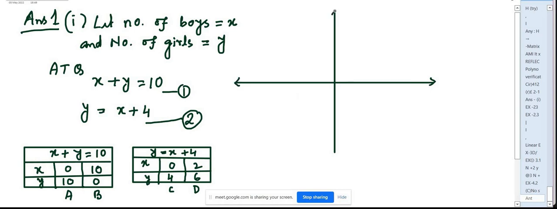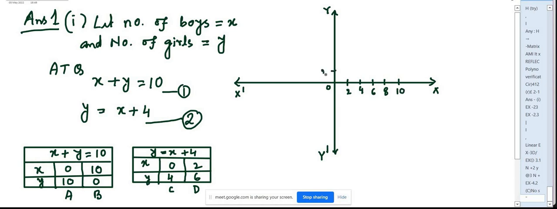So this is x-axis and this is y-axis. So x, O, x dash, y, O, y dash. Since all numbers are multiple of 2, we can take 2, 4, 6, 8, 10.